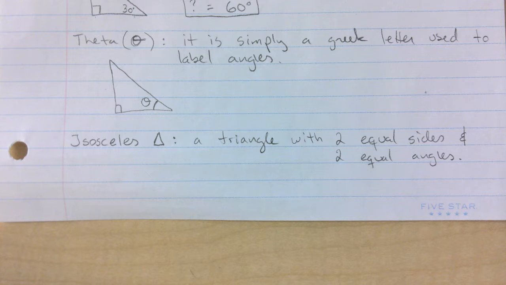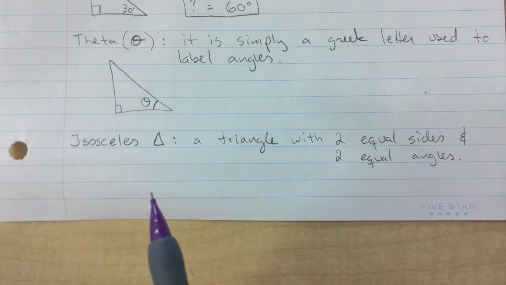So make sure you write this down, okay? And how do you know a triangle is isosceles, okay? Well, for one, if you look at the side measures and they measure the same, you know it's isosceles.